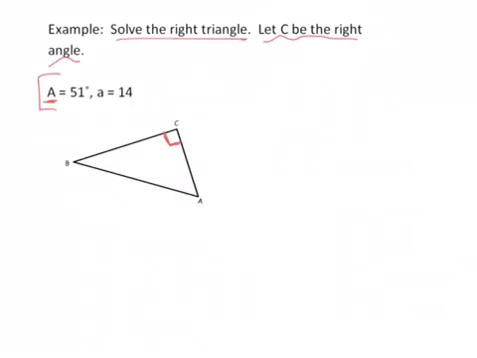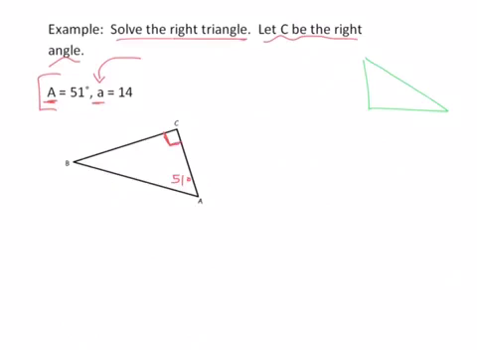The capital A stands for an angle, and the lowercase a stands for the side that is across from that angle. So the capital A, you can see right here, is for vertex A in the triangle, angle A. So we know this is 51 degrees. Okay, so what I was saying about this little a right here is this is a typical thing in mathematics, just so you know.